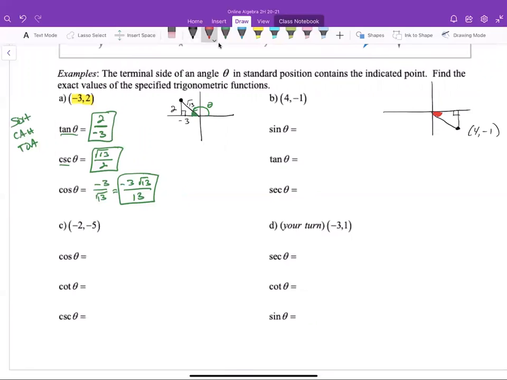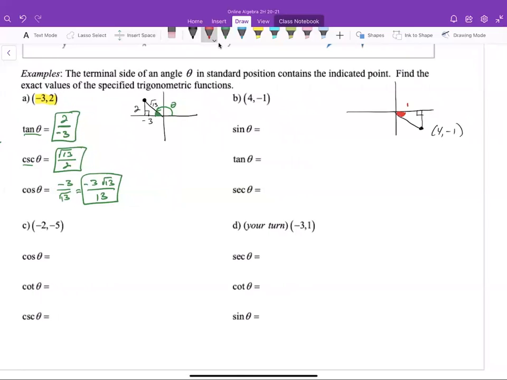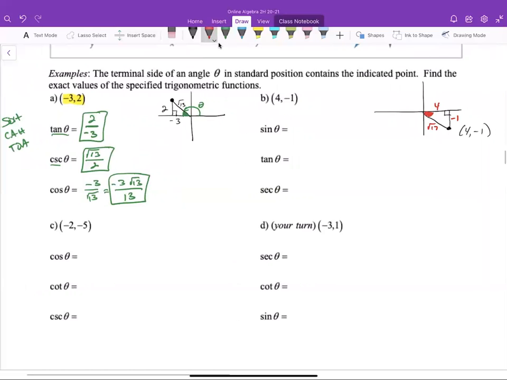And so what do we have for side lengths? This is a +4, this is a -1, and then I will use Pythagorean theorem. 16 plus 1 squared, 17, square root of 17 is my hypotenuse side. That is always positive.